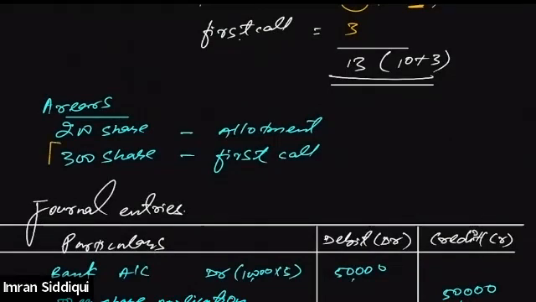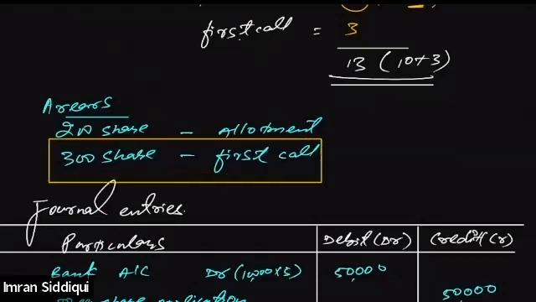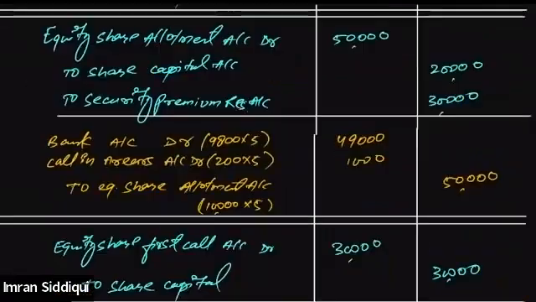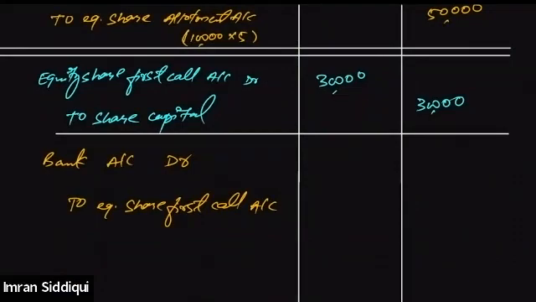Shareholders holding 300 shares defaulted in the payment of the first call. So that means for 300 shares, the amount is still outstanding, right? So we'll debit the calls in arrears account. Is that correct, everyone? Yes. Calls in arrears account will be debited as well.